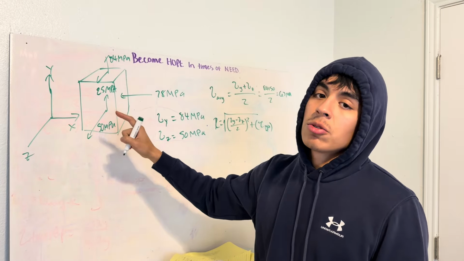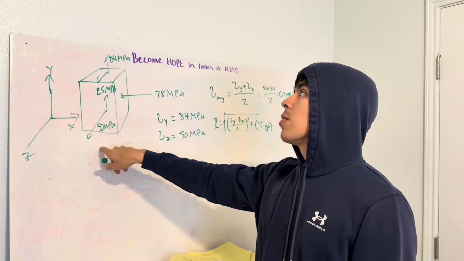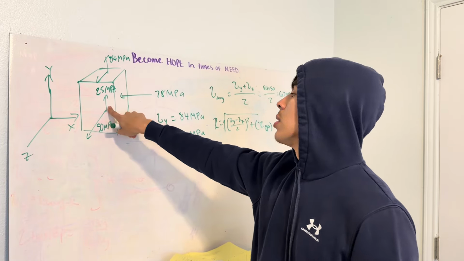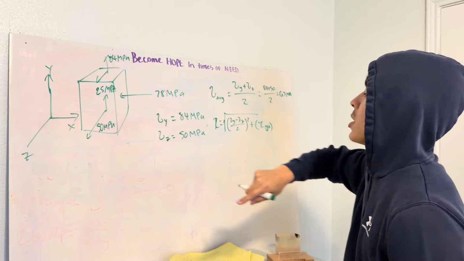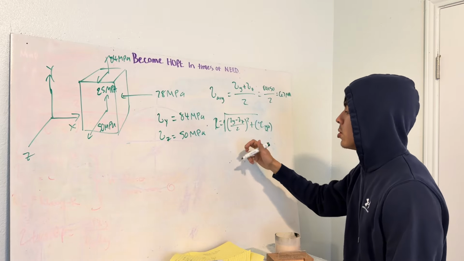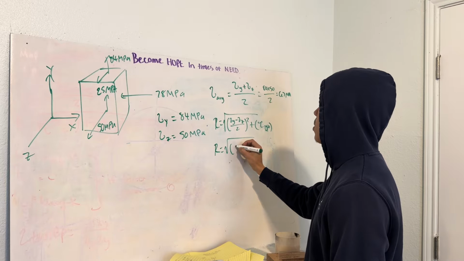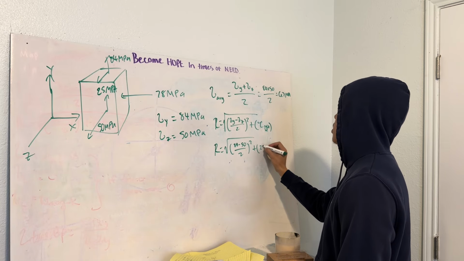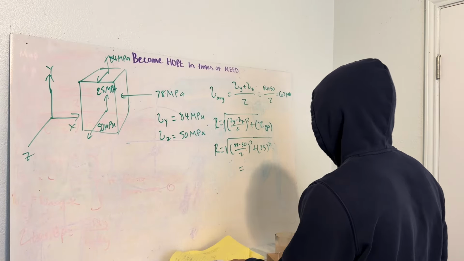And if you go into your stress cube components, when it's all labeled out, you can see that whatever's acting in this direction, that's going to be your shear stress in the YZ direction. So that is going to be 25 megapascals. This is going to be 25 megapascals. So when we sub in our values, we do 84 minus 50 over 2 squared plus 25 squared.